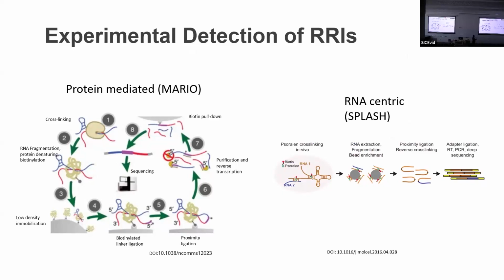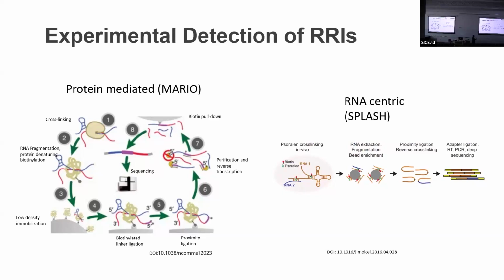For mapping these interactions, what typically is done is you use psoralen with biotin. Psoralen has the ability to link two pyrimidines in the double-stranded regions, and the biotin has the ability to be pulled down. So in SPLASH, which is a name given to one of the first protocols, people did cross-linking using psoralen and biotin, and then used beads.